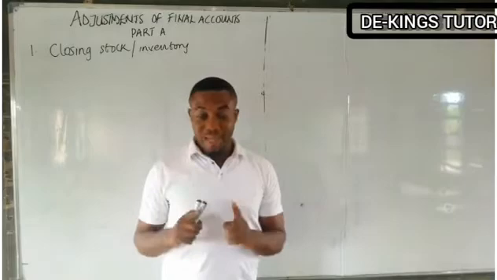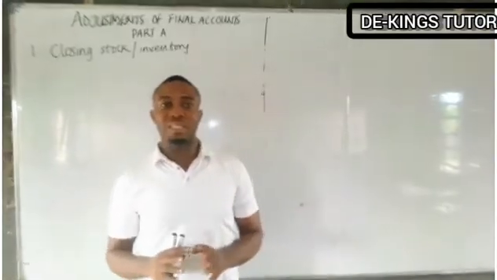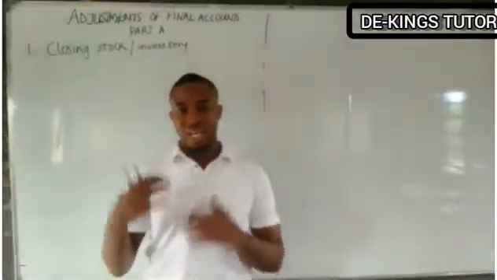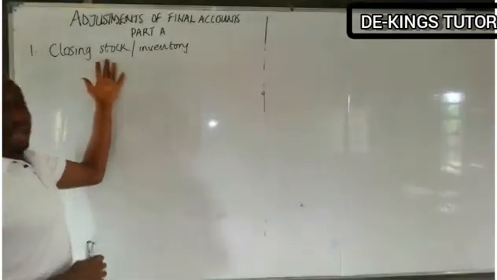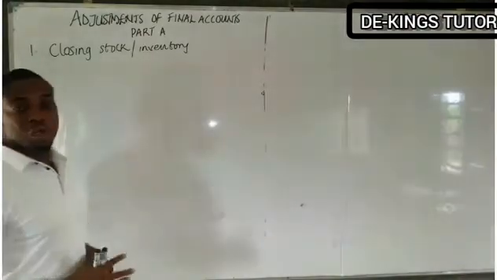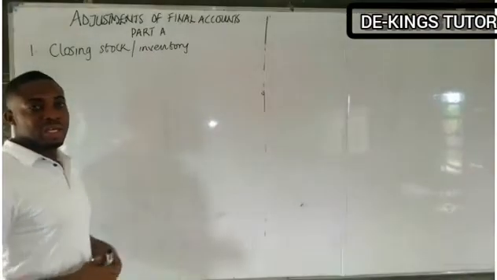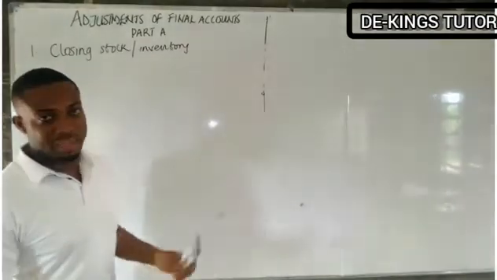It appears twice. So whenever you're preparing that, take cognizance of that. The first item that is mostly shown is the closing stock or the closing inventory. This one doesn't need much adjustment.